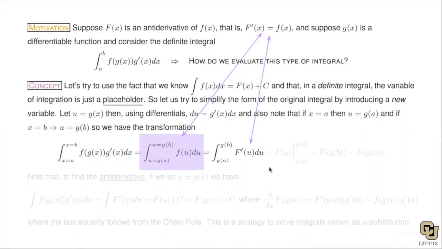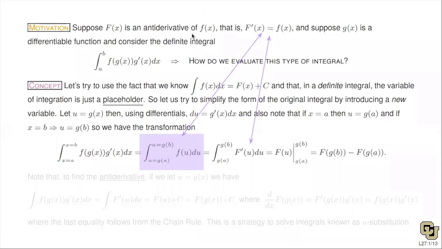And now using the fundamental theorem of calculus, we can evaluate this definite integral using an antiderivative of capital F prime, namely capital F. F of u evaluated at the upper bound minus the function evaluated at the lower bound. I get F of g of b minus F of g of a.